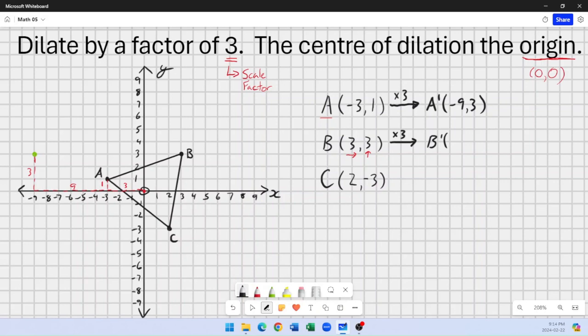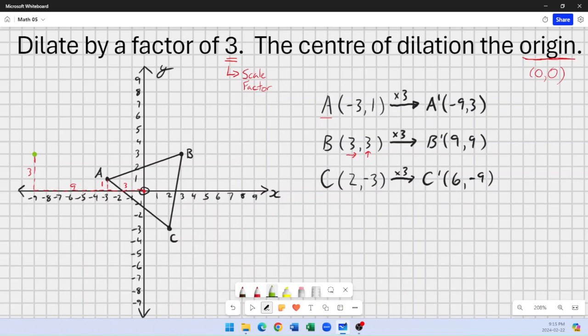So 3 times 3 for both of those will be 9, so 9 and 9. We'll look at C as well. C is 2 times 3, so C prime is going to be 6, and -3 times 3 is -9. Now we've got all 3 points, and now we can plot them.